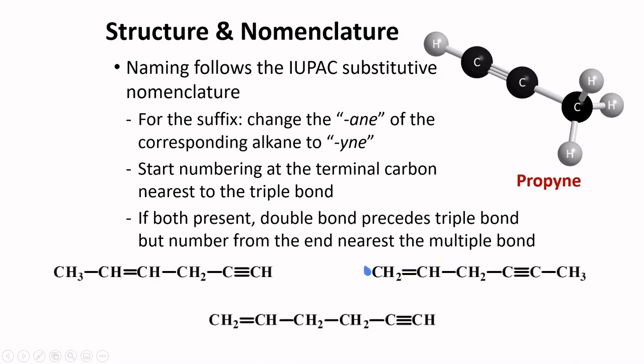How do you name all of these compounds here based on these rules? For this example, the triple bond is nearest the end, so we should start numbering at this carbon. If we do that, this is carbon number 1, then this must be carbon number 4.